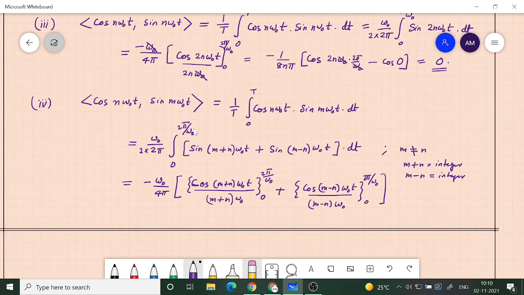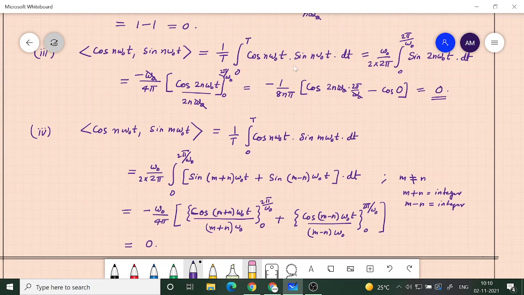Okay, so if you put the upper limit, what will it become? It is an integer multiple of 2 pi. Any integer multiple of 2 pi, you are going to get 1, and the lower limit is also 1. So 1 minus 1, 1 minus 1. Agree? Yes, sir. Yeah, so this is also 0. Okay, so I have not written it down explicitly, because we have already seen that.